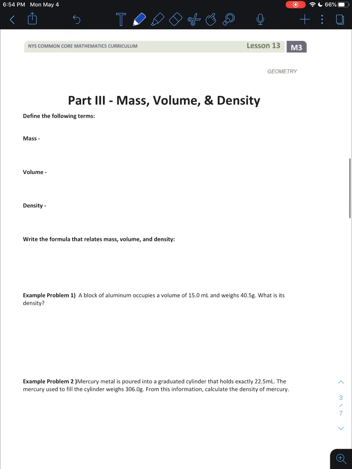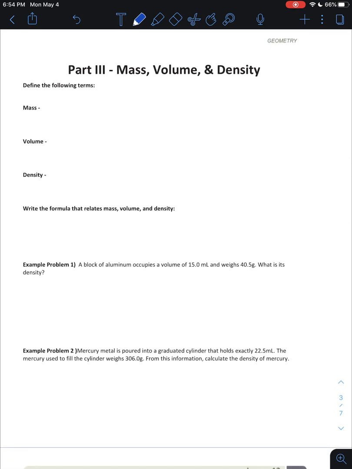So now we're going to deal with something we kind of see in physics oftentimes, but we'll cover it in math too. So we're going to be talking about mass, volume, and density. And we've already dealt with volume before, but we haven't dealt with mass or density yet. So the first thing we're going to do is just define them.